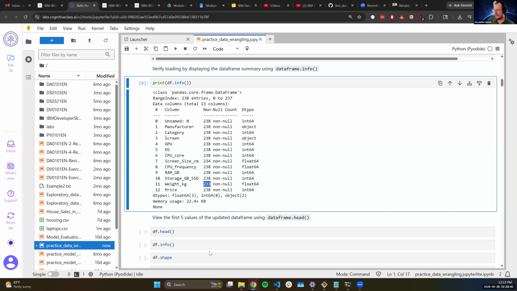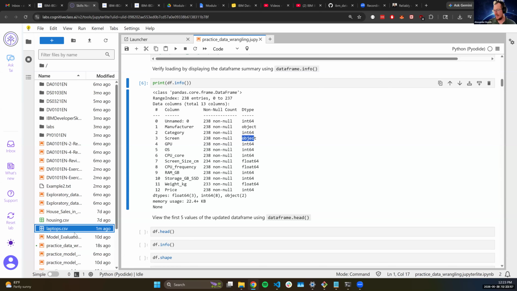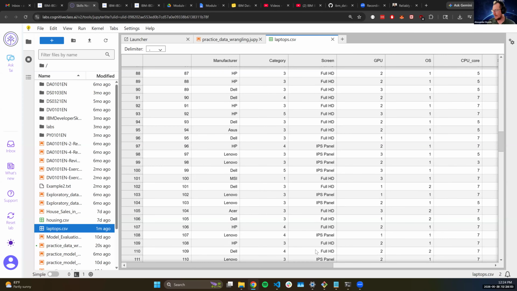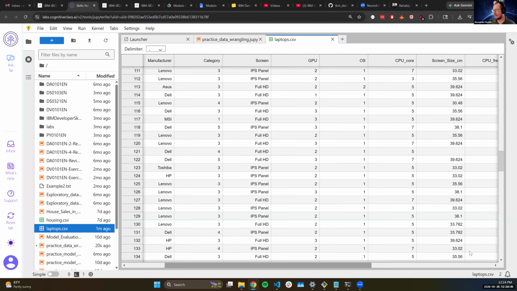The second thing I look at is the data types. Typically we want to work with numerical data sets, and we have two categories here, manufacturer and screen. If I take a look at the data set, I think both of those are correct. They are both strings, but what's really interesting is that they both seem to be categories.